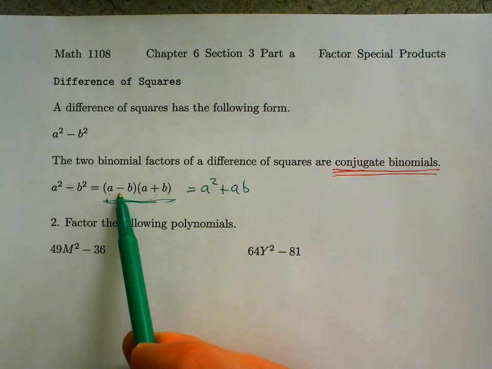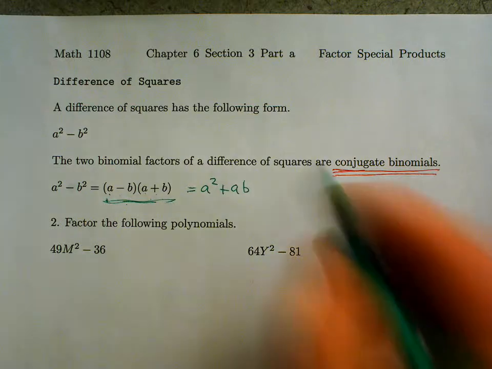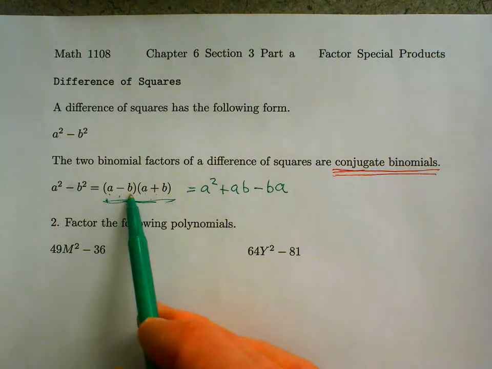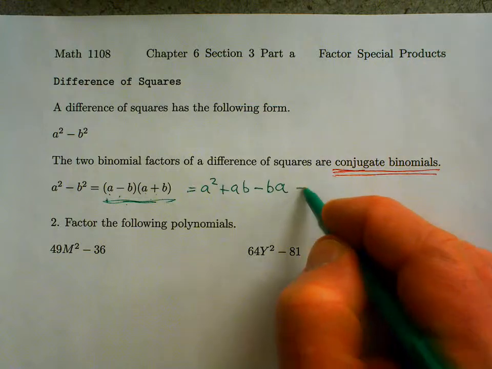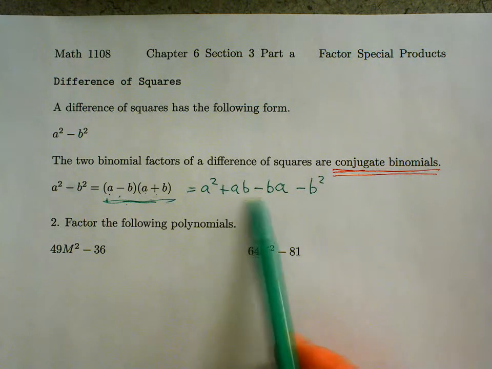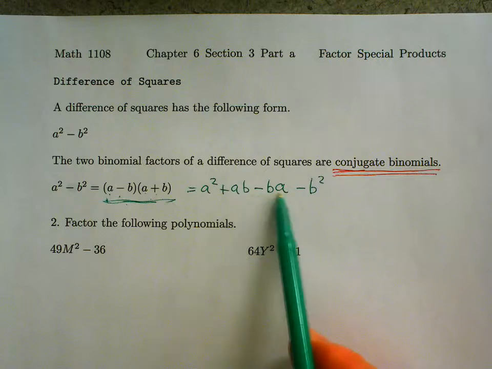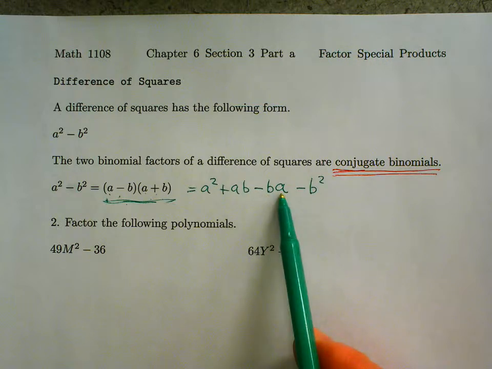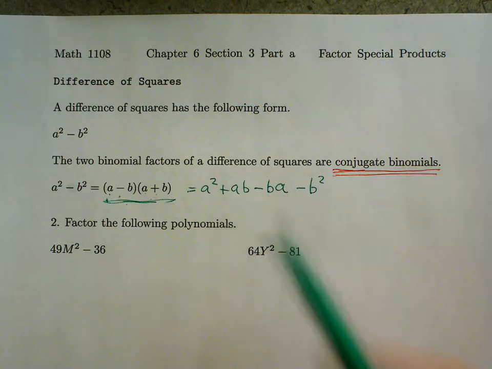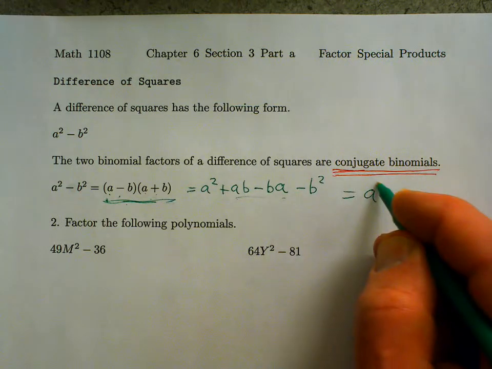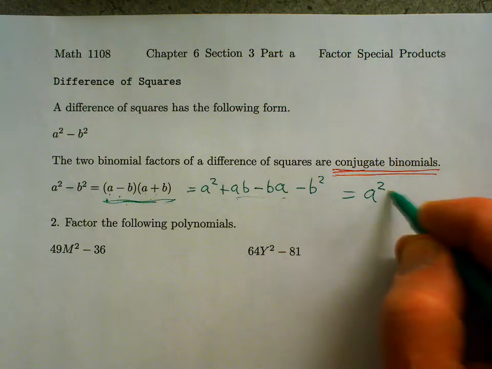And then we subtract b times a, so minus b times a, and then we subtract b times b. Plus ab minus ab, those add up to 0. So minus b times a is the same as minus a times b. So these add up to 0, and then we're just left with the difference of squares, a to the second minus b to the second.